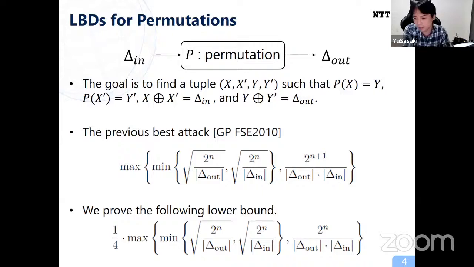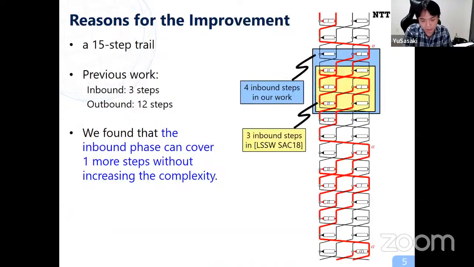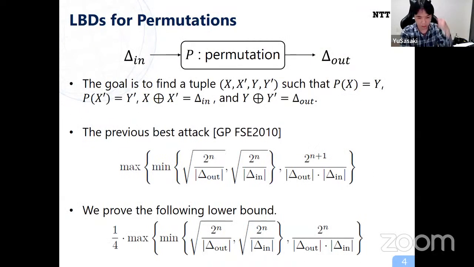The previous attack was given by Iwamoto and Kurihara. The best attack strategy depends on the size of the input and output space. We proved the following lower bound. We have a coefficient 1/4 at the beginning, but basically it matches the previous best attack up to a constant factor.